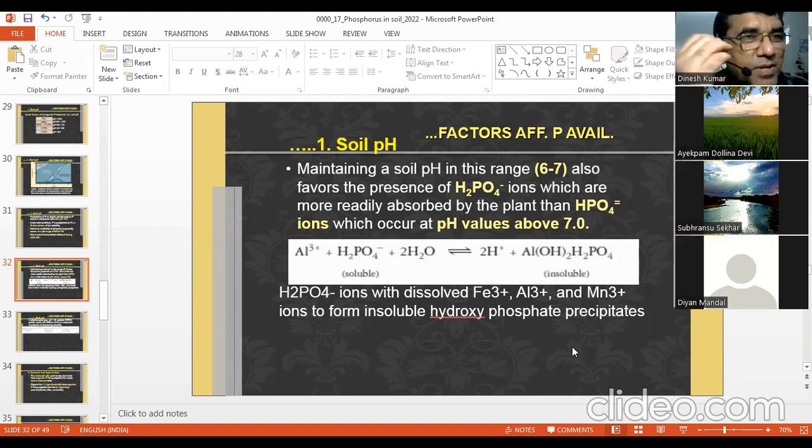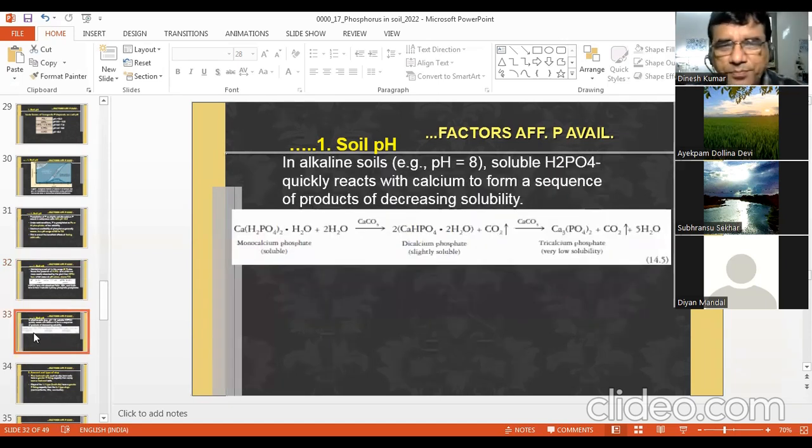Okay, but I was confused. Is it 4 or 2? Mn2 is also there, 2 plus is there. So 3 is also there. You tell me, is it 3 or 4? Kindly check it. I missed this point, whether it is 3 or 4. You can check it. Now go to next.